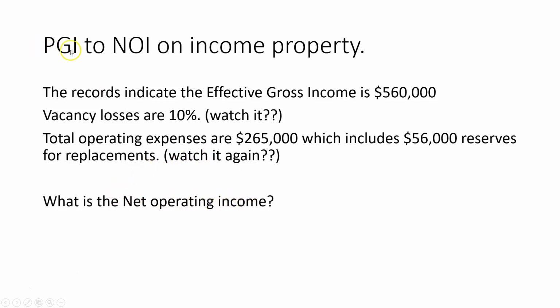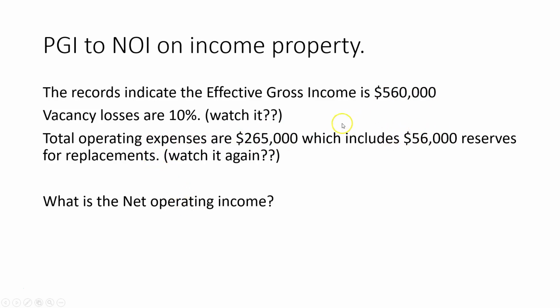Now remember at the top we had PGI, potential gross income, minus the vacancy losses gives us effective gross income. Well, we've already gone past the vacancy losses, so we know that we're now on the 560,000. From that we take away the operating expenses, which includes the 56, remember, so we don't include that either.